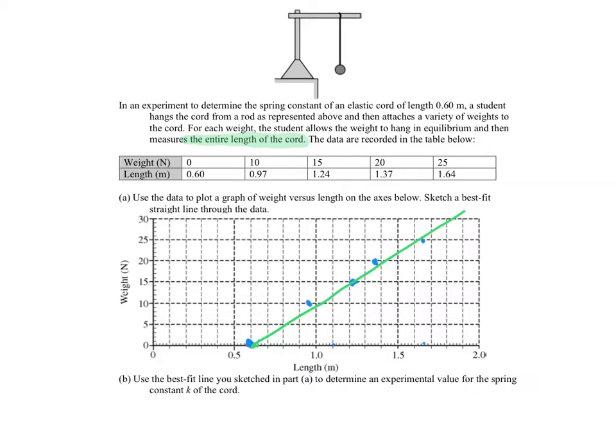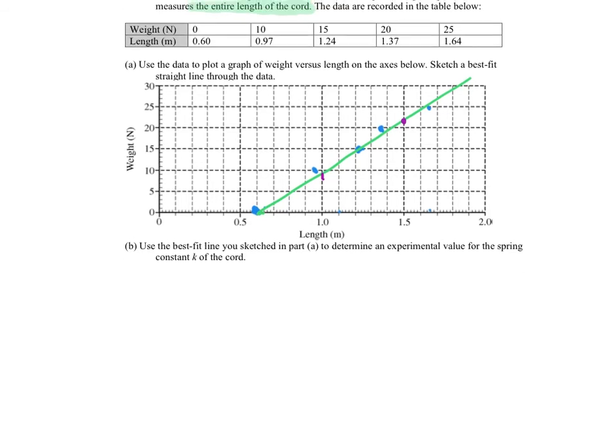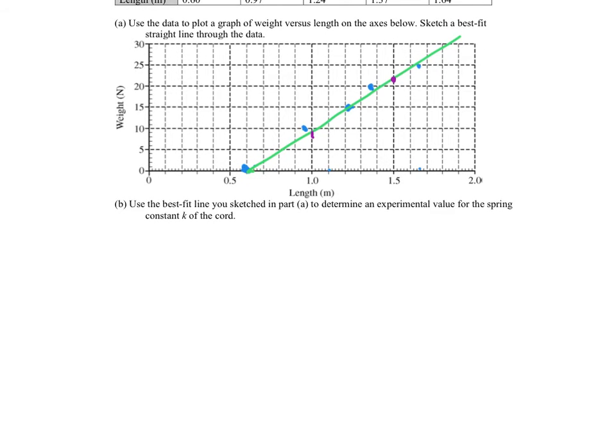We need to take our actual line. So I'm going to take this one because it's relatively easy to read, and this one because it's relatively easy to read. K is the slope, which is the difference in weights.